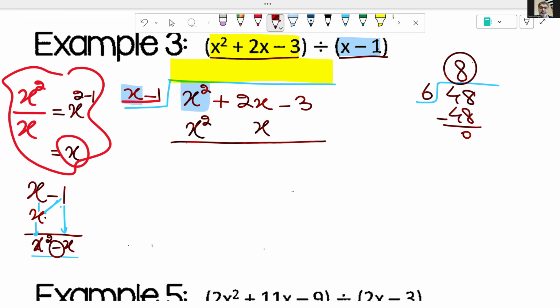So I will also bring in over here a negative sign. Did you get the steps? So first we did the thought process. What should I multiply the first term with to get the first term, and that x I have written over here. So I got the first term of the quotient. Got it? And now when we did the multiplication in the scratch work, we got this x squared minus x.